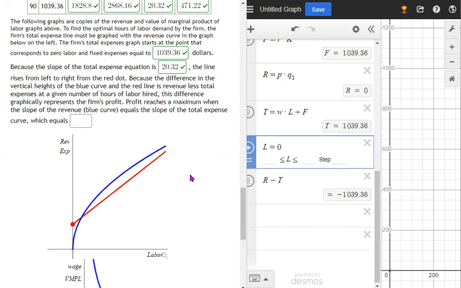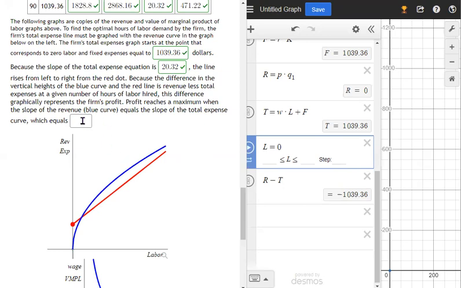So the vertical difference between the blue curve and the red line is the firm's profit. Now, profit reaches a maximum when the slope of the revenue curve equals the slope of the total expense curve, which equals what?